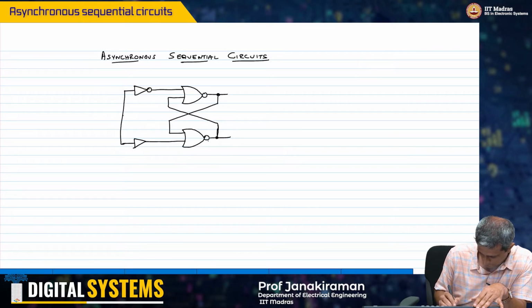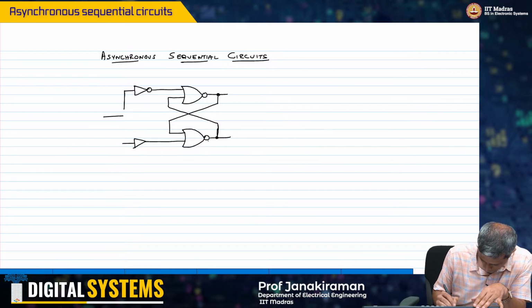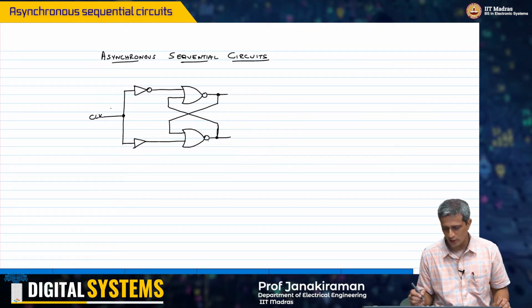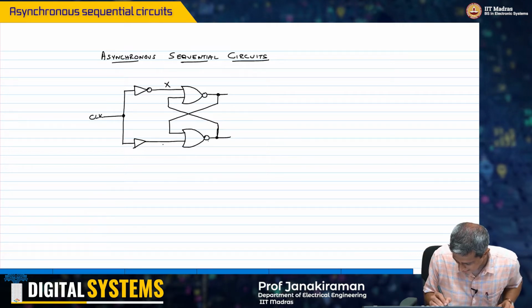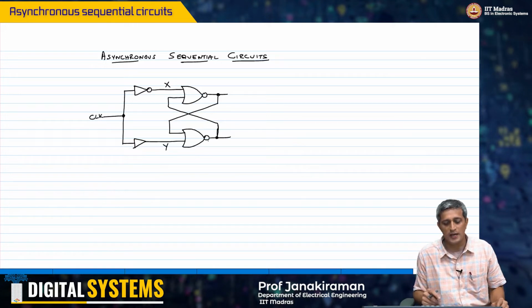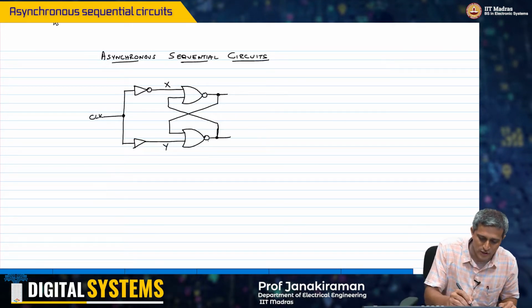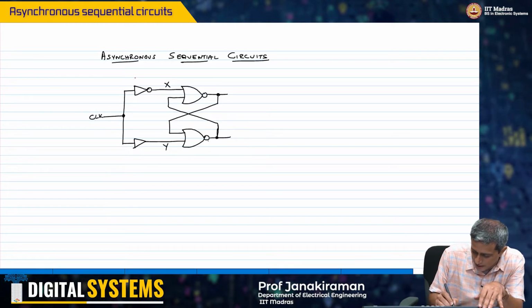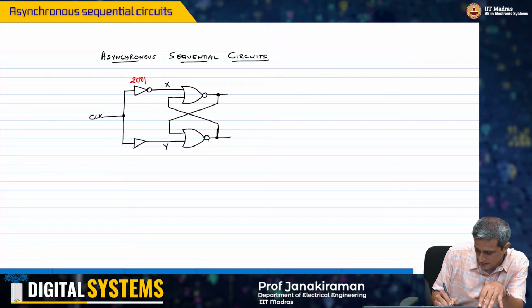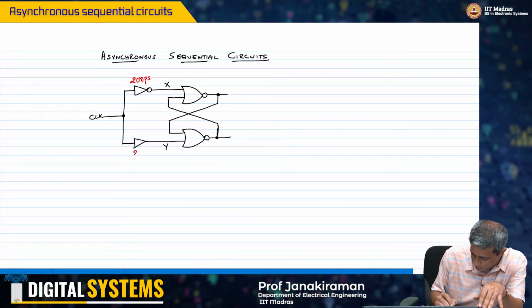Okay, so here what I'm basically saying is X and Y are inverted versions of each other, right? But they both can have the same delay. So let us say this guy has a delay of 200 picoseconds. Okay, this is also 200 picoseconds.